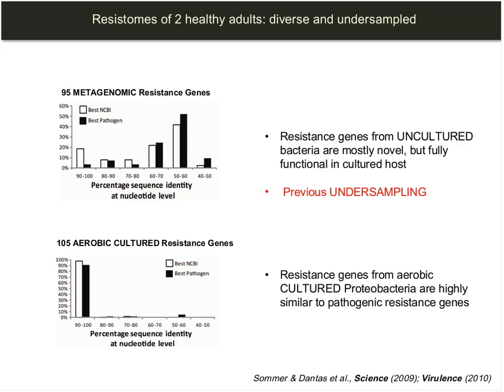Whereas the genes that came out of the metagenomic sampling were largely novel, so with only 50 to 60% average identity to any gene in any database at the time. And so the major conclusion from this was that resistance in this commensal microbiota was severely undersampled because of this prior over-reliance on culture-based techniques.